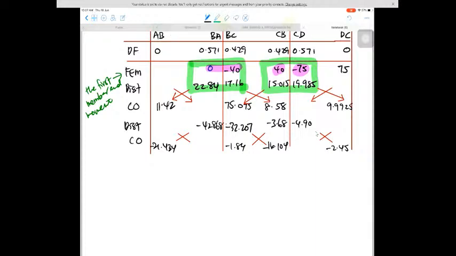So the moment distribution method is a very important method, because you will not only use this in this subject, but also in the next subject, the design subject. This will be the basic knowledge that you have to understand. Moment distribution method is a very, very important method.